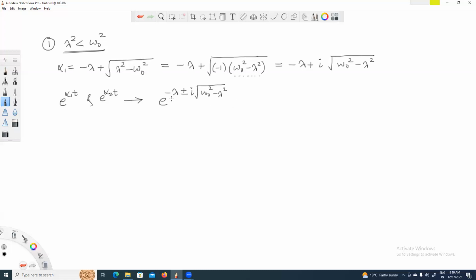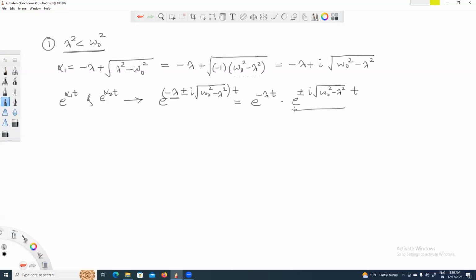I can take this exponent separately, entirely times t. So this would be e raised to minus lambda t into e raised to plus minus i square root of omega naught square minus lambda square times t.